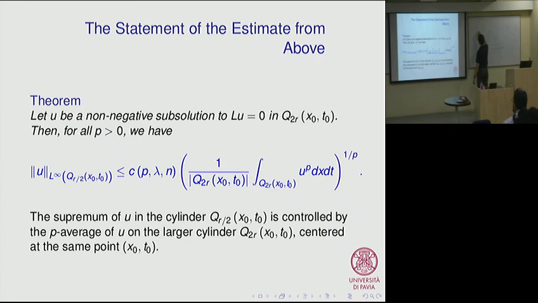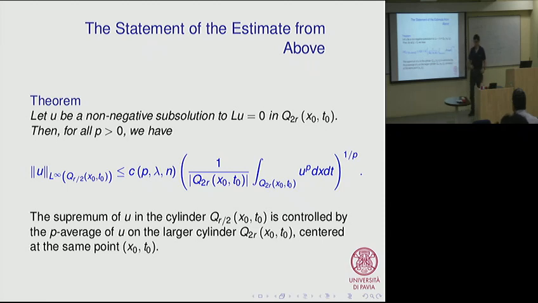So this will be Q of r over 2, x naught, t naught, and then this is bounded above by a constant that depends on p, which is the same exponent that I have here, lambda, which is the smallest eigenvalue, and n, which is the dimension of the space, but I have to take a larger cylinder, which is this one. So this will be the cylinder Q of 2r, x naught, t naught. The important point is that these two cylinders have the same upper vertex, which is the point x naught, t naught. And here the thing is that for any p larger than 0, this holds.